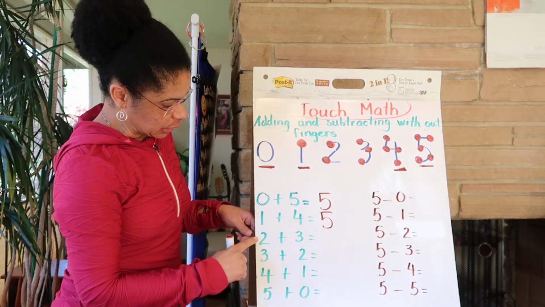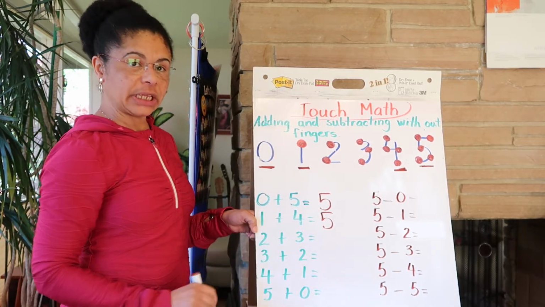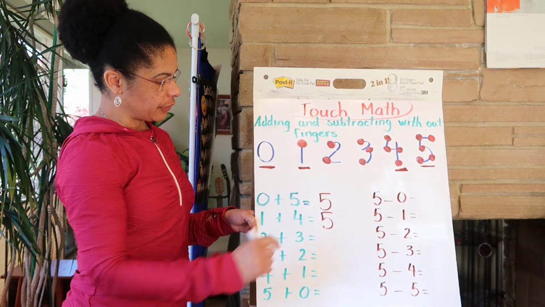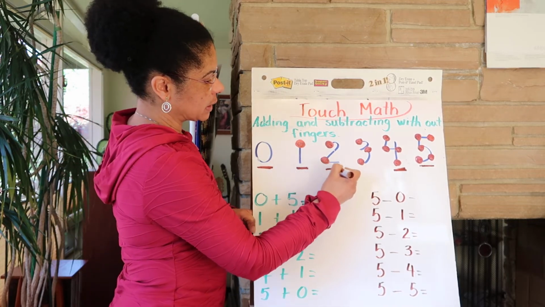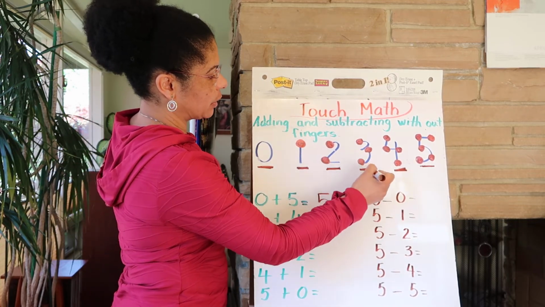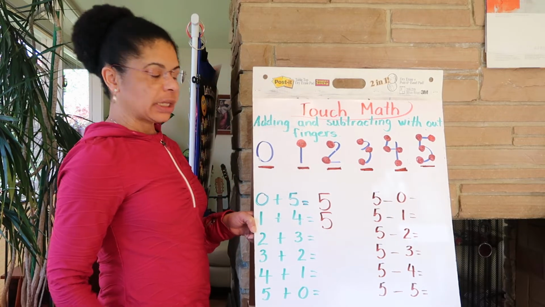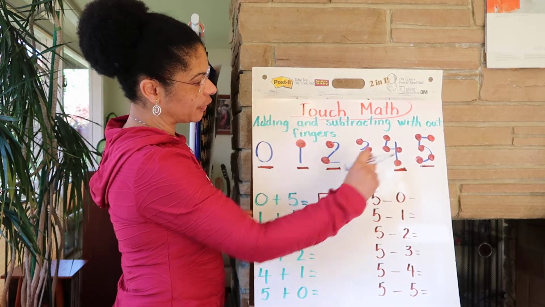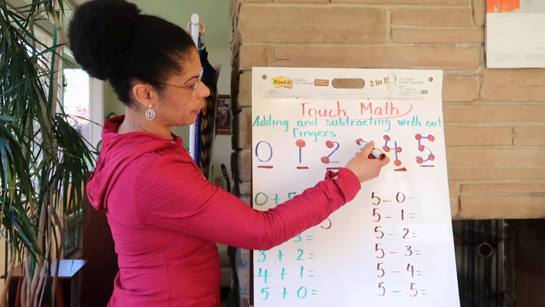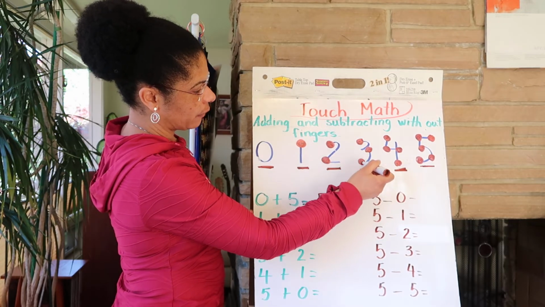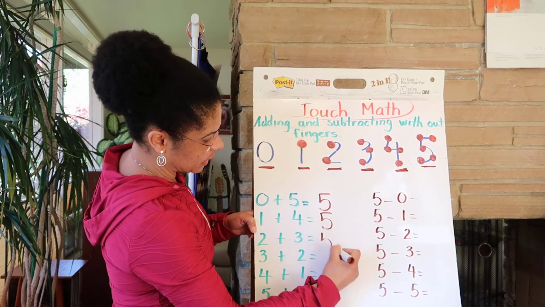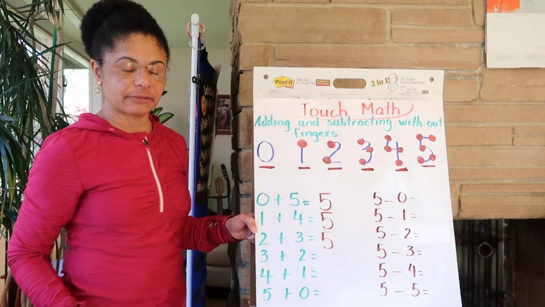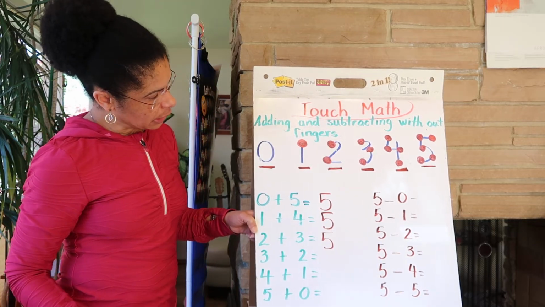Keep on going. 2, add 3. 2 plus 3. Here is 2 and here is 3. 2, add 3. 2, 3, 4, 5. The answer is 5. Okay?